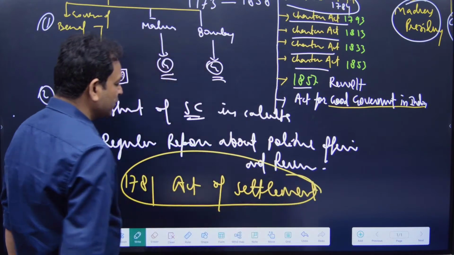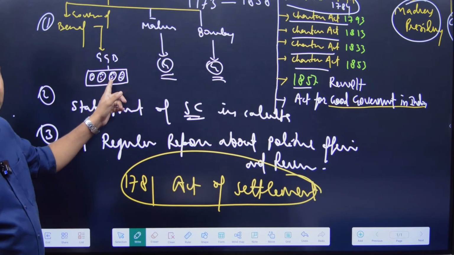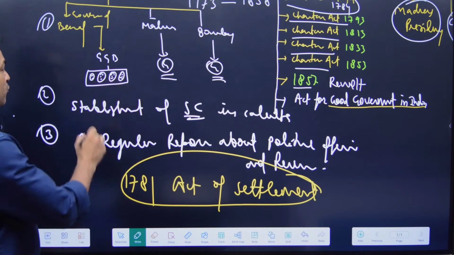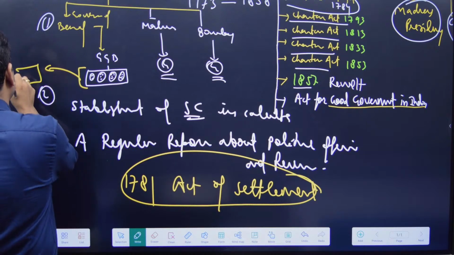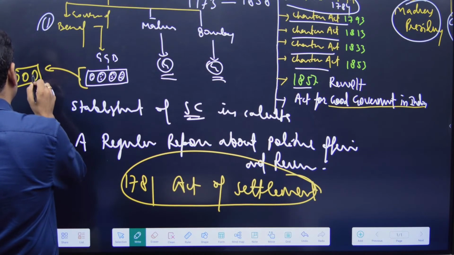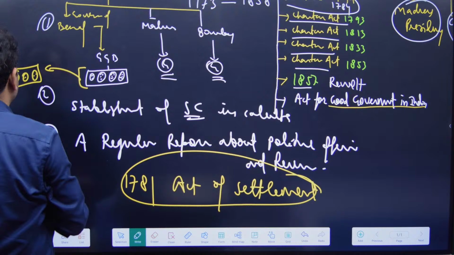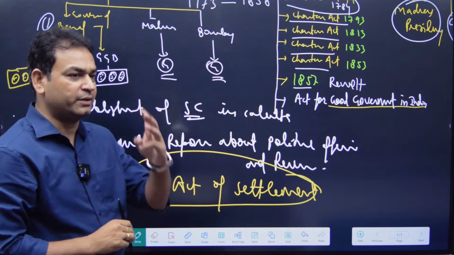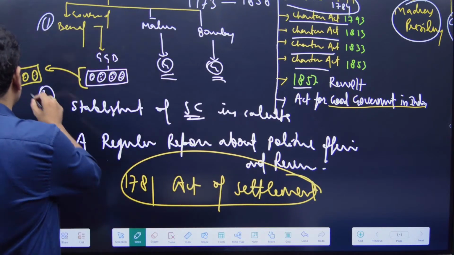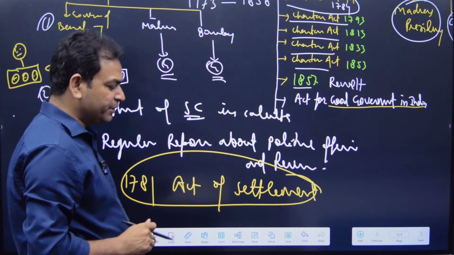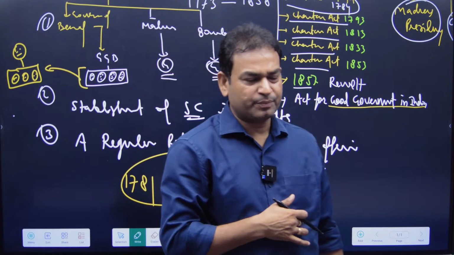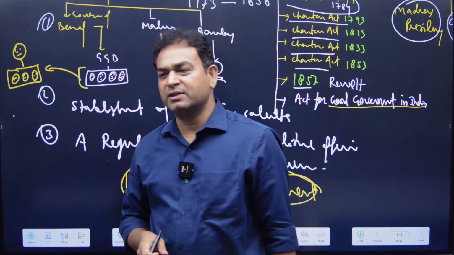This act was passed. Here the number was reduced to 3. What happened? Council members in the council was reduced from 4 to 3, and it was provided that the decision will be taken by majority, but in majority Governor General should be included.